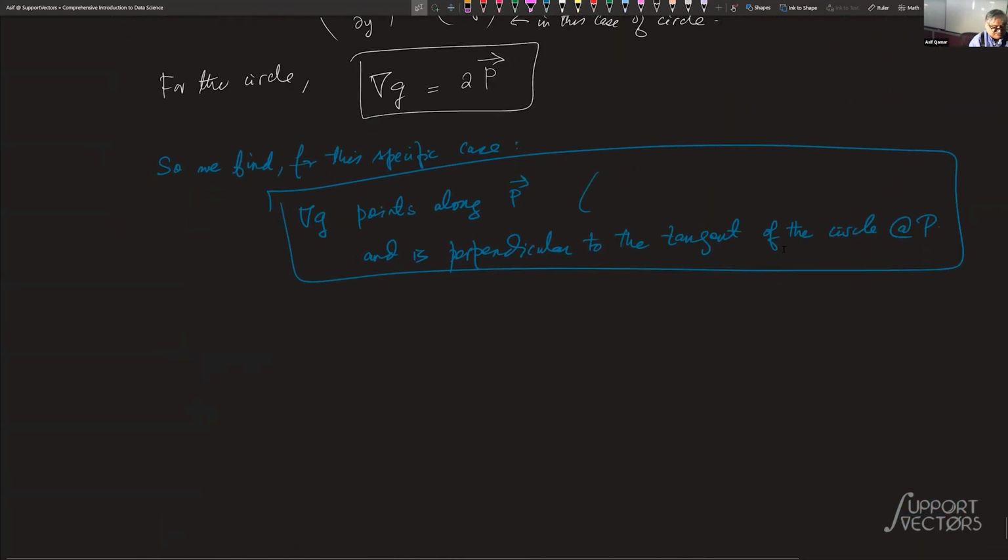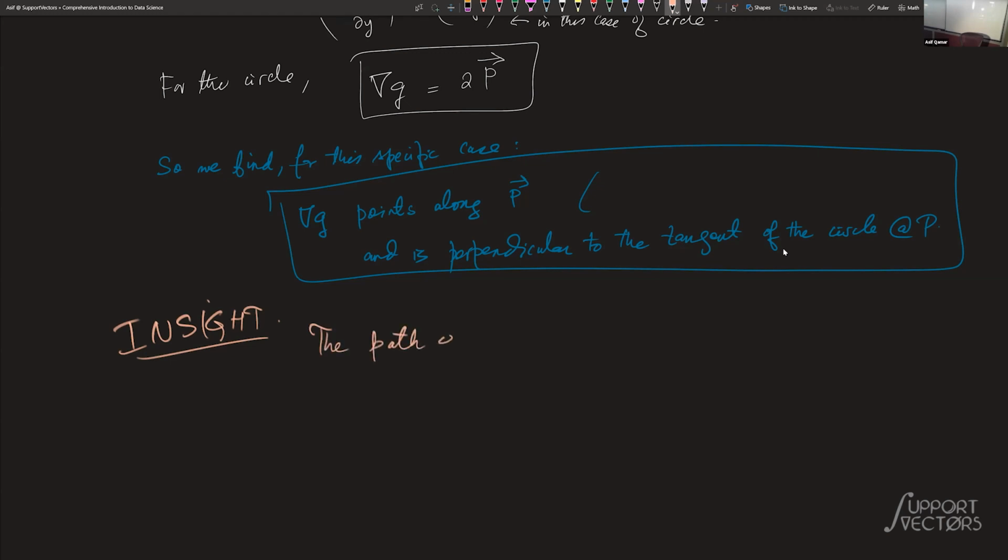the path of fastest increase of G(x,y) is perpendicular, and we won't use the word perpendicular.